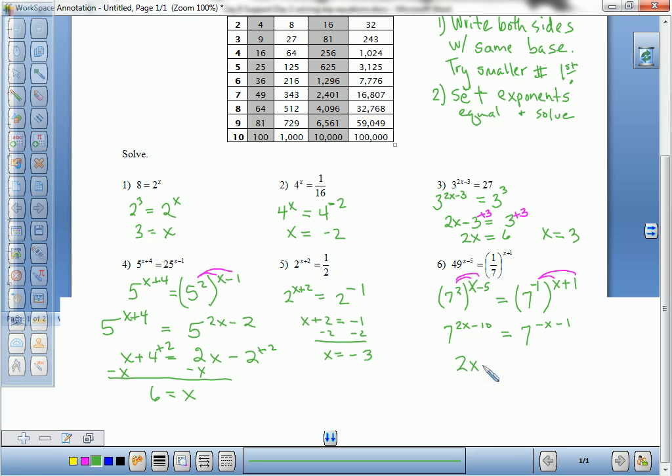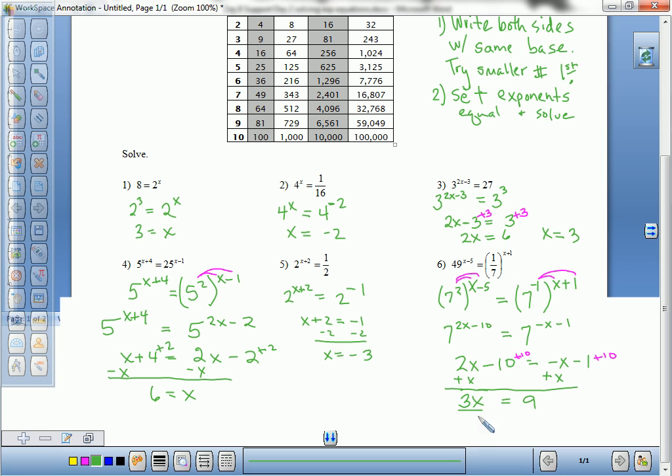So 2x minus 10 equals negative x minus 1. So we're going to move our variables to one side and our numbers to the other. And I get 3x equals 9.